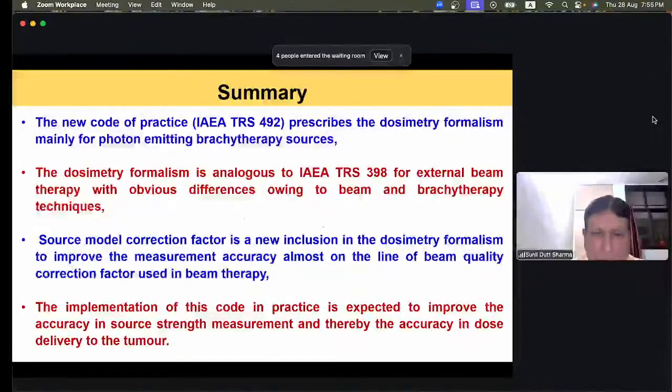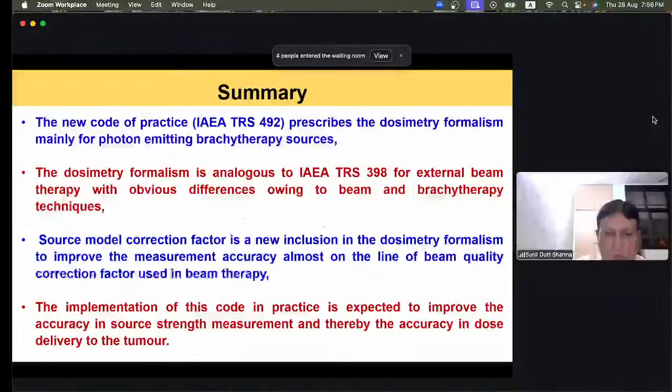Source model correction factor is a new inclusion in the source dosimetry formalism, that is, source strength calculation. Earlier, we used to assume that all the sources are the same, but the scenario is not the same. Say, for example, if I talk about an iridium 192 source of Nucletron and an iridium 192 source of BARC, their encapsulation material is different. Their encapsulation material thicknesses are different. So accordingly, the filtration of radiation by these encapsulations or capsules is different.